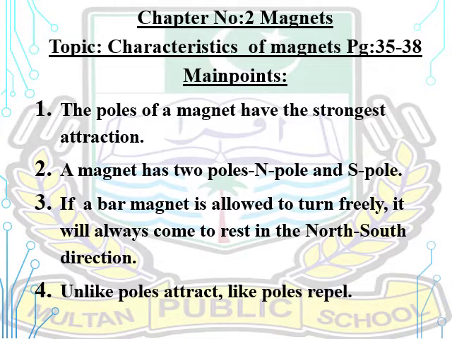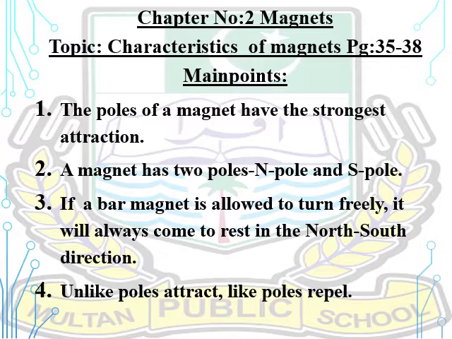Chapter number 2, Magnets. Topic, Characteristics of Magnets. Open your books to page number 35. We shall discuss: Number 1, the poles of a magnet have the strongest attraction.